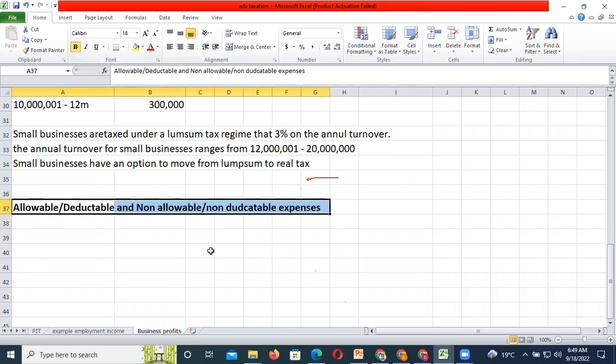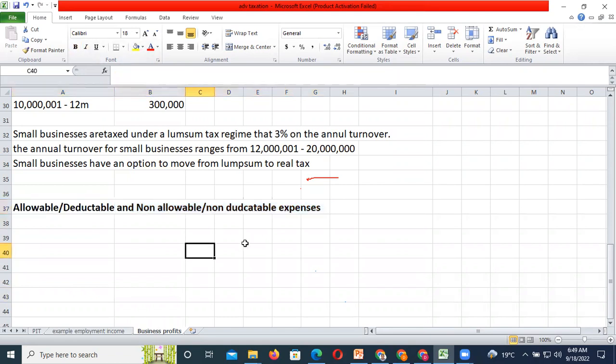This is the heart of this chapter and the heart of business profit: understanding what is allowed and what is not allowed. If you understand this, you can pass this question, because almost 90% of the questions on this depend on this part. That's what the examiner is interested in.